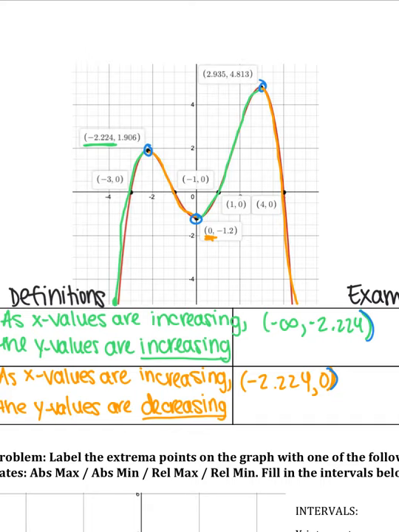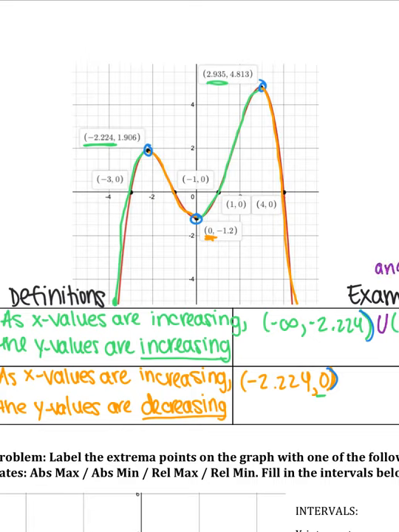So let's write those two intervals as well. The next interval of increase is from 0, which is just continuing where this was decreasing, all the way to this x value, which is 2.935. And to show that both of those intervals are increasing, I have to put the U symbol for union, which means and.